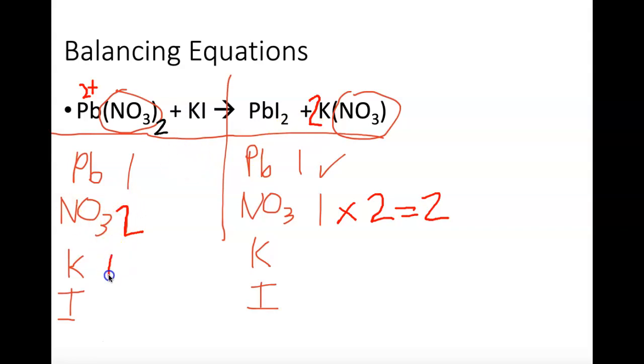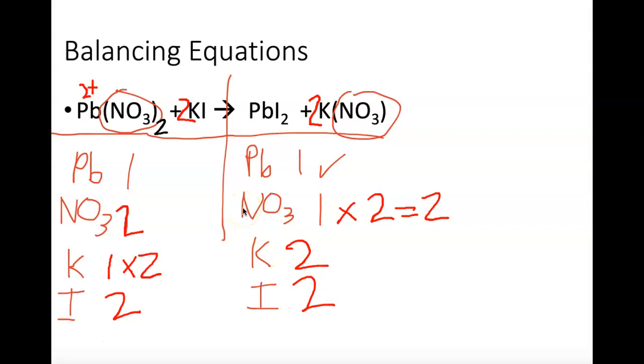Now I can see that I've got 1 K as reactants, and now I have 2 as products. So again, I'm going to multiply this by 2. That 2 is going to be my coefficient here. And now I have 2 Ks, but I also have 2 Is. And if I take a look on my product side, I also have 2 Is.